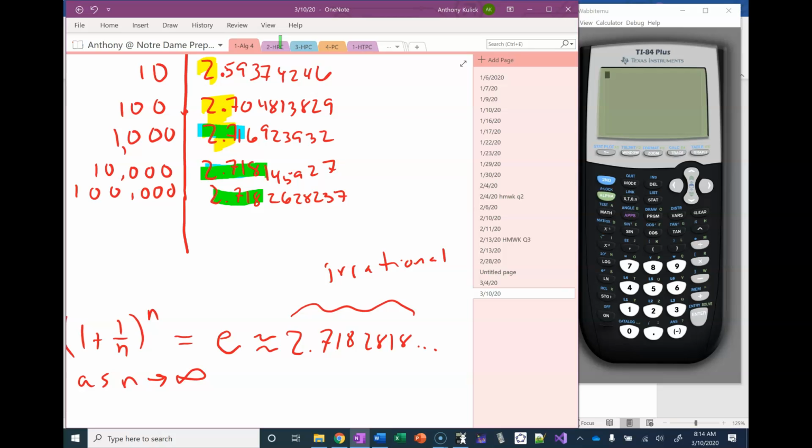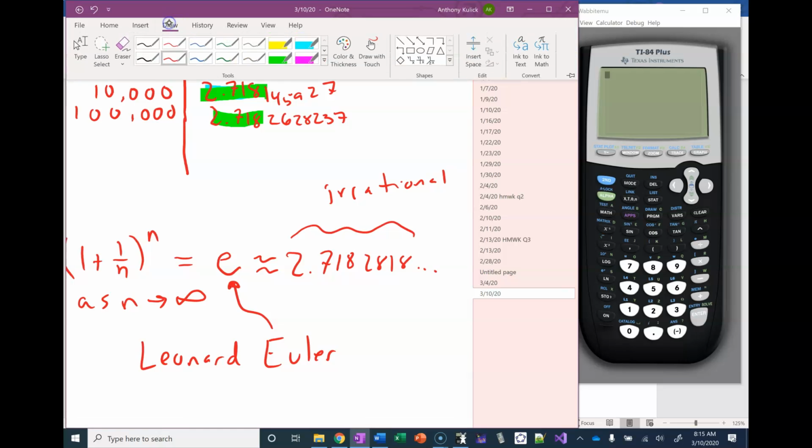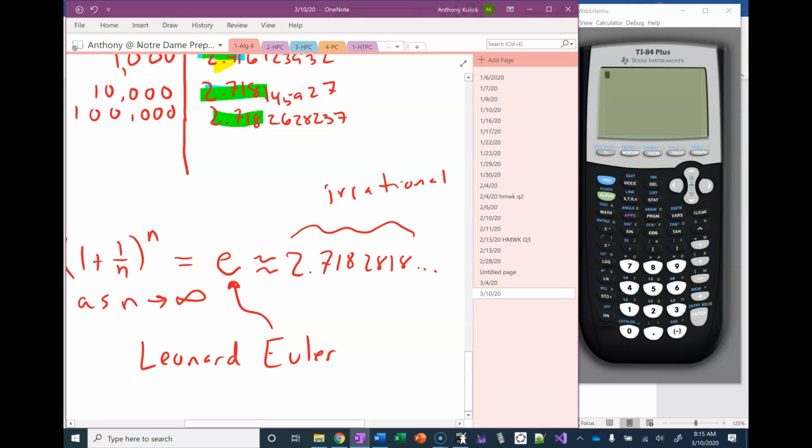His name was Leonhard Euler. And we used the letter e in honor of his last name. That's just a fun fact.